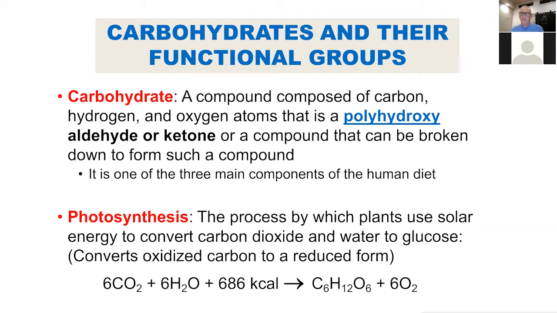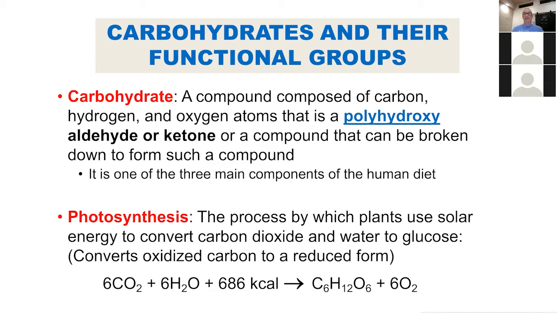Does it mean like many hydrogens? Not hydrogens, polyhydroxy. It has a lot of hydroxyl groups. Yes, it has more than one. Poly just means more than one. And so for a molecule to be a carbohydrate, it has to have more than one hydroxyl group.